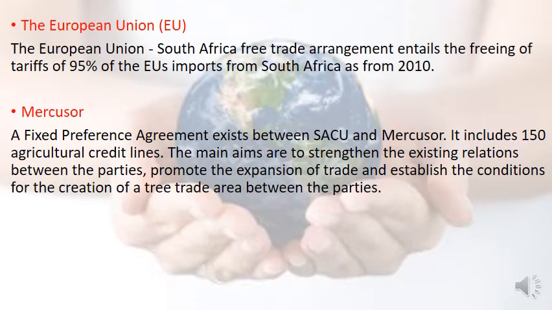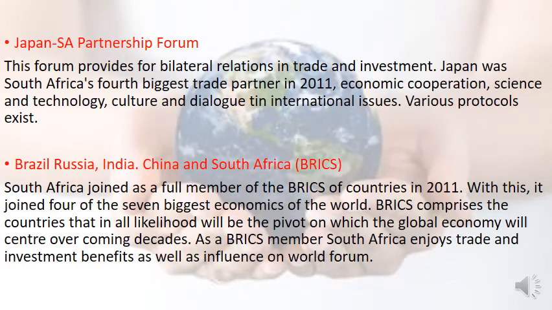The main aims are to strengthen the existing relations, promote the expansion of trade, and eventually establish conditions for a free trade area between the countries. Japan and South Africa. So again, there's a trade and investment agreement between these two countries. Japan was South Africa's fourth biggest trading partner in 2011.